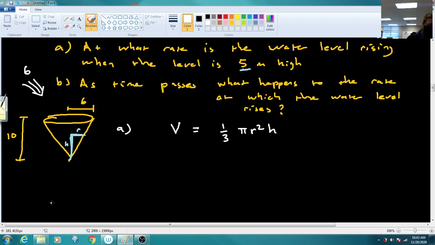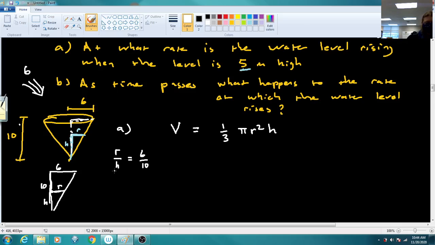So I'm going to use similar triangles. If you look at the side profile of this tank, there's a big triangle that's 10 by 6, because the height is 10 and the length is 6. And then there's a smaller, similar triangle in there that's h by r. So using similar triangles, we can say the radius over the height equals the radius of the tank over the height of the tank.